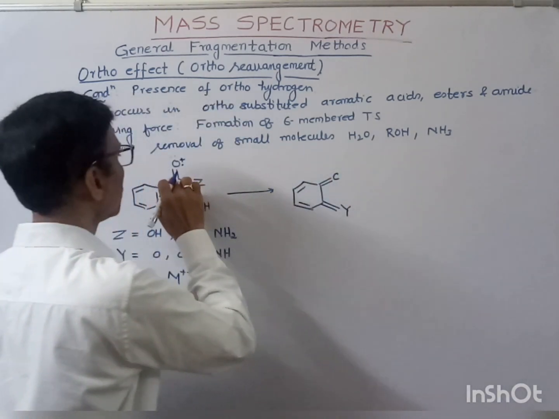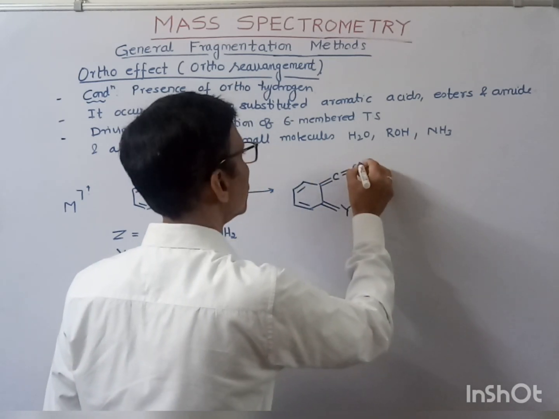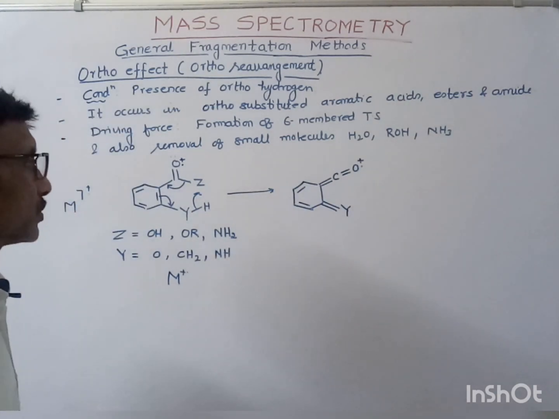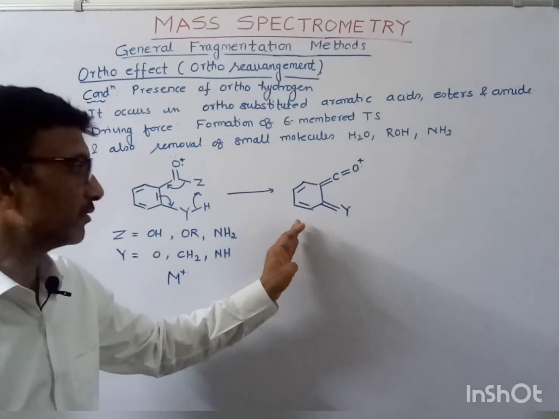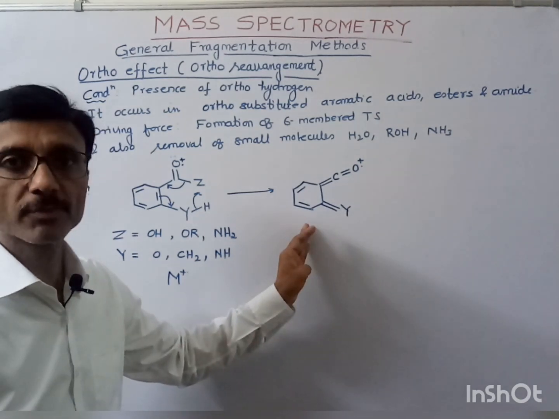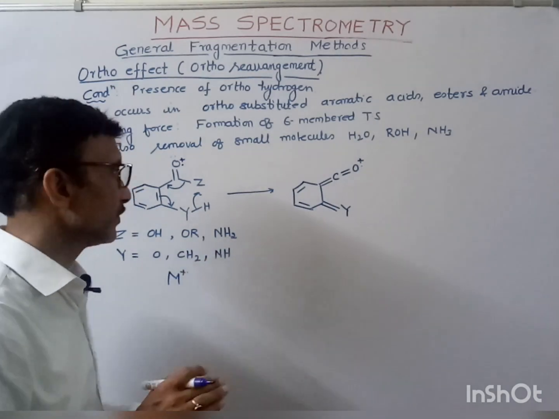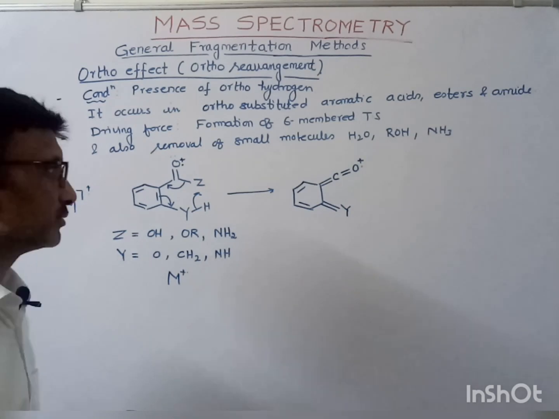This is the carbon atom, and this is our oxygen atom, and we may show it in this way. So this radical cation is formed, which will be detected by the mass analyzer. This is how the removal takes place, and this is our ortho rearrangement reaction.